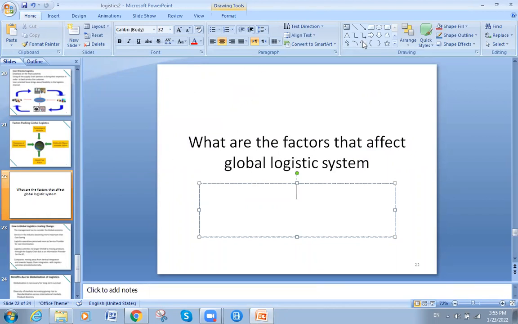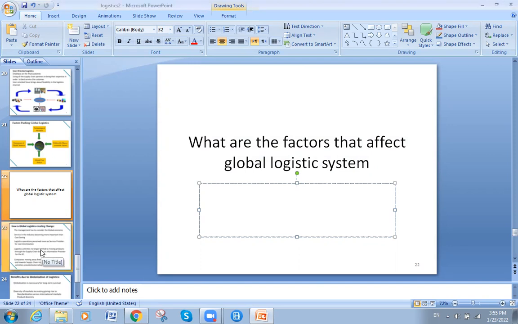Then we will move forward back. So we're back, my dears. What are the factors that affect the global logistics system?